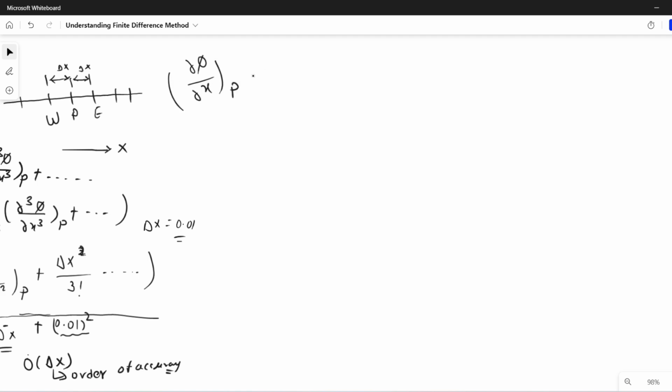So finally, we will get ∂φ/∂x at point P equal to (φE minus φP) divided by Δx plus order of accuracy, that is Δx. So in this case the order of accuracy is 1, because Δx is raised to the power 1.